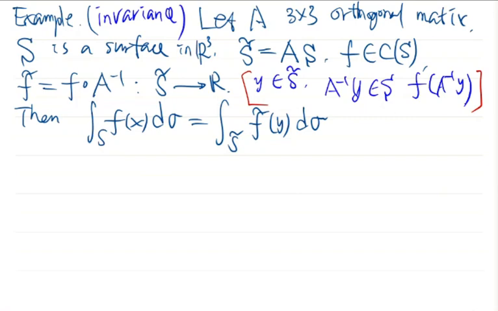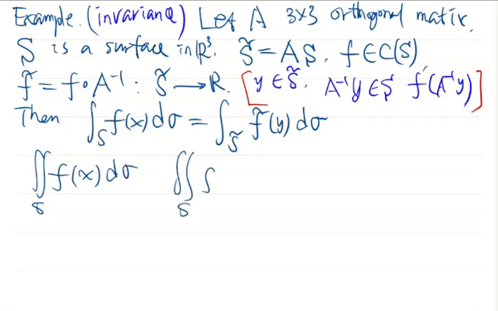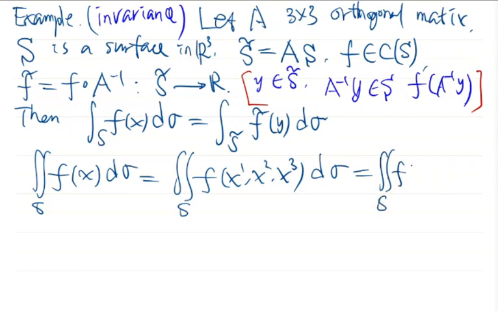And also, I will say some words about notations. Previously, we denote surface integral by this, or this is actually x1, x2, x3, because S is a subset of R3. Therefore, every point on S has 3 coordinates. Okay, so this is our previous notation. Of course, if you like, you can also write f(x, y, z) d sigma.